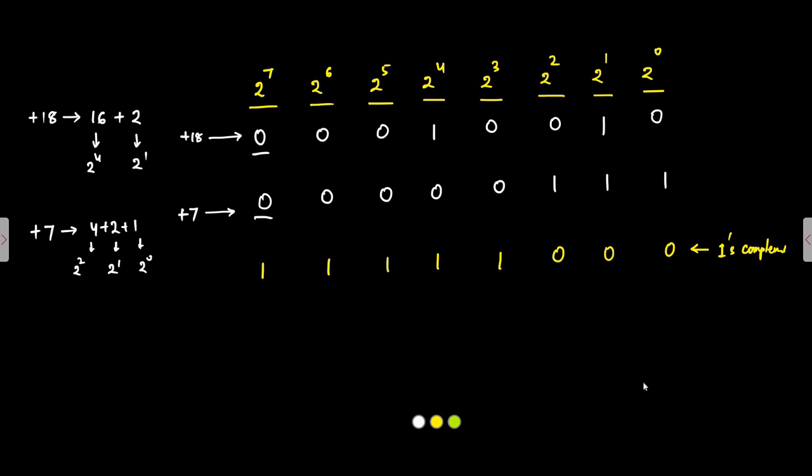Then when we add 1 to the LSB, the final result which we calculate is 1, 0, 0, and then 5 ones.